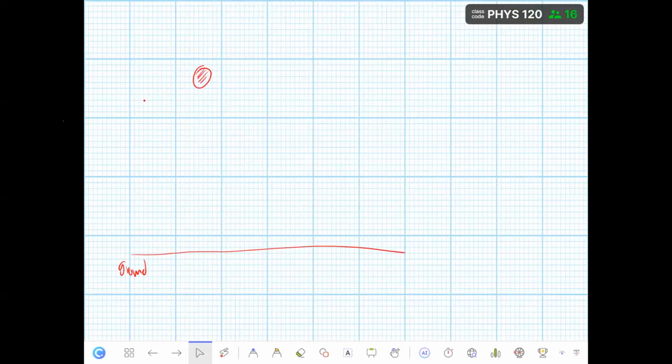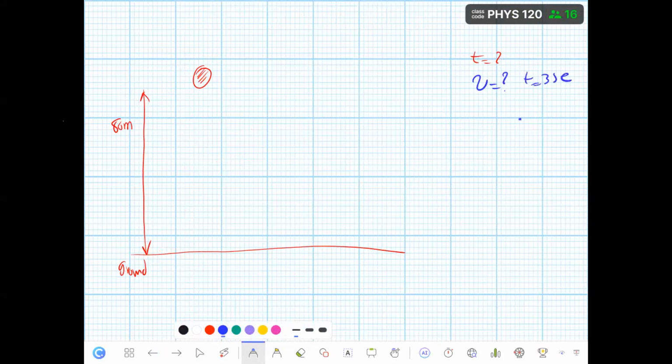How many meters? 80 meters. And it's asking what is the velocity 3 seconds later, and how long does it take the ball to hit the ground?